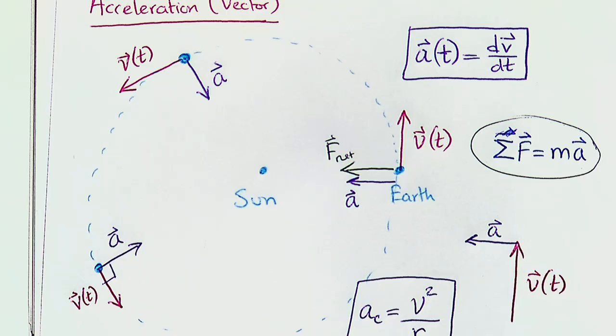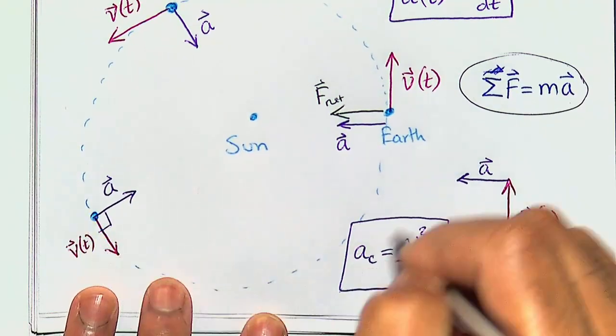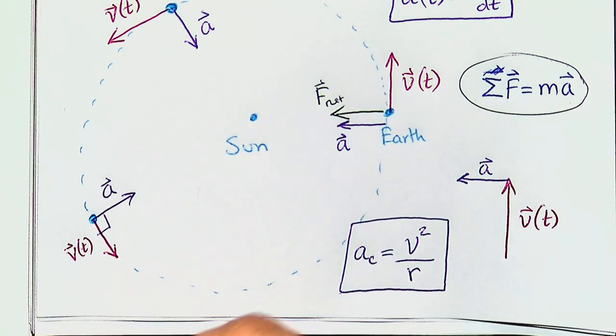There's a bit of an explanation of what that is, and that acceleration appears when you're in a reference frame that is also accelerating. So if you are in a car going around in a circle, your car itself is accelerating.